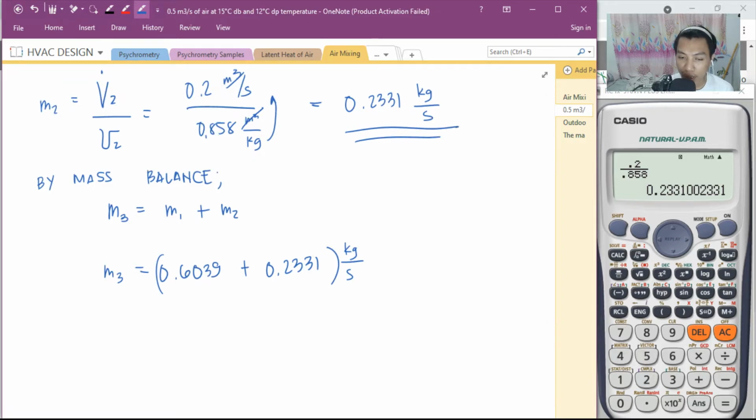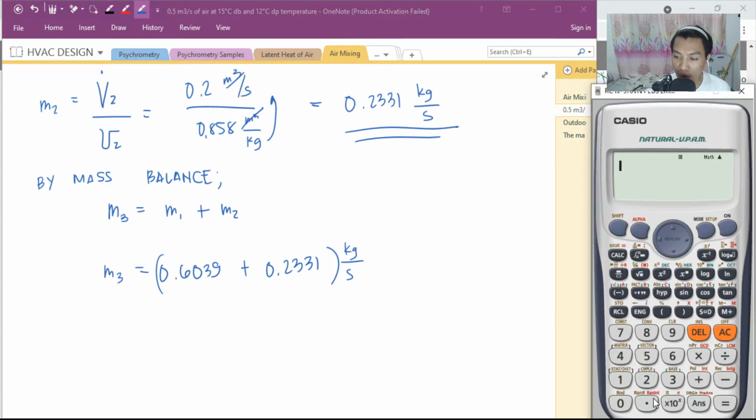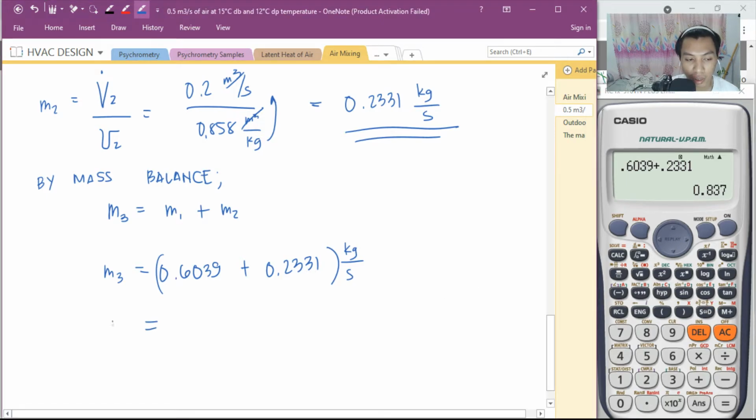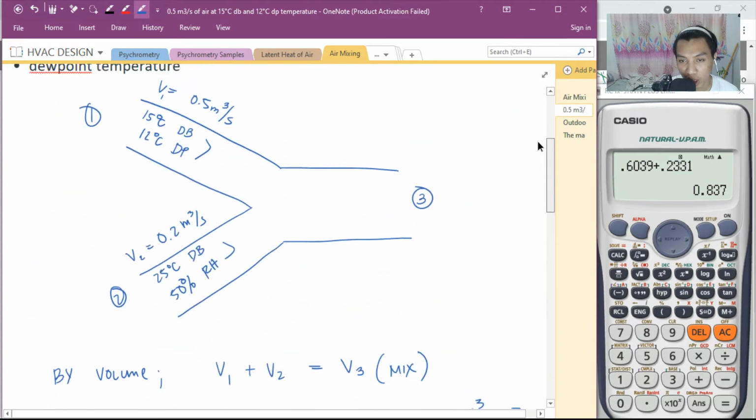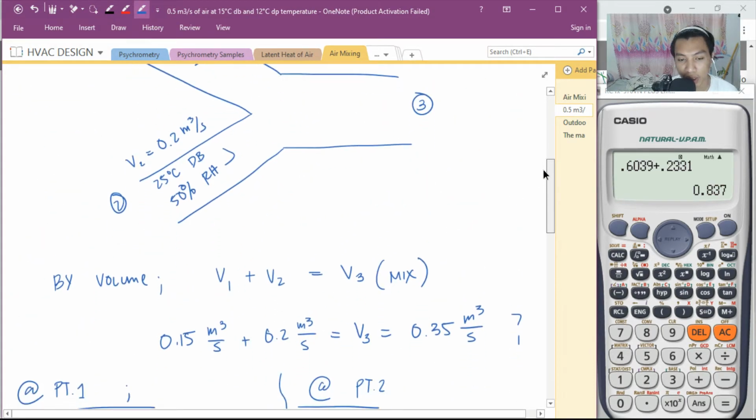So, the answer is 0.837. M3 is 0.837 kilogram in every second. I-prove natin mamaya yung total volume niya, okay? Na nakuha natin dito.